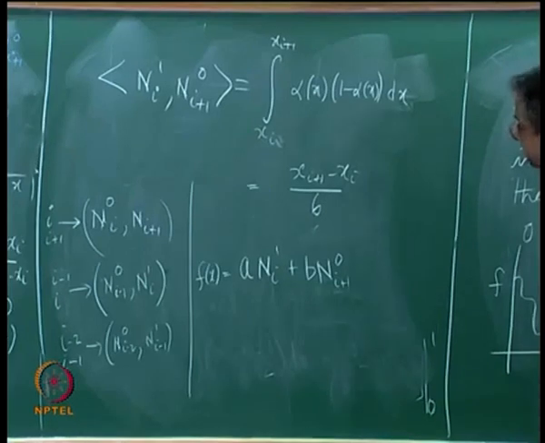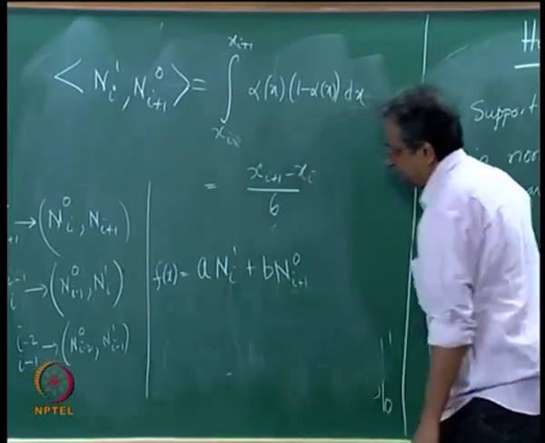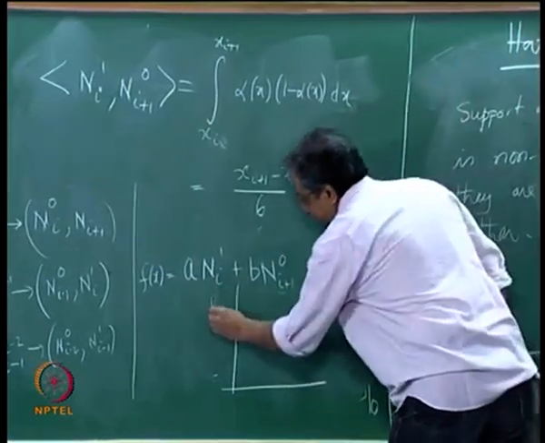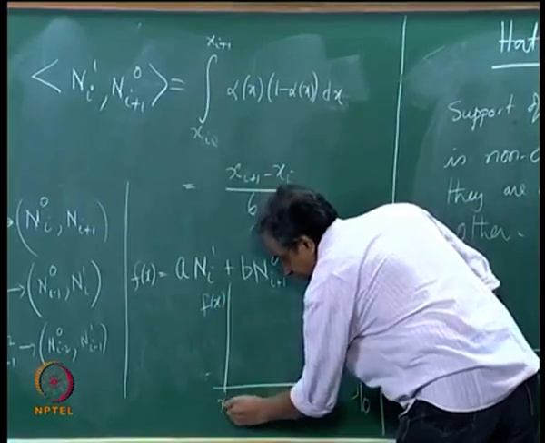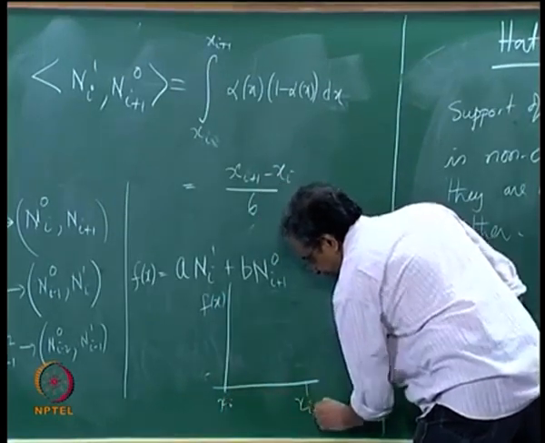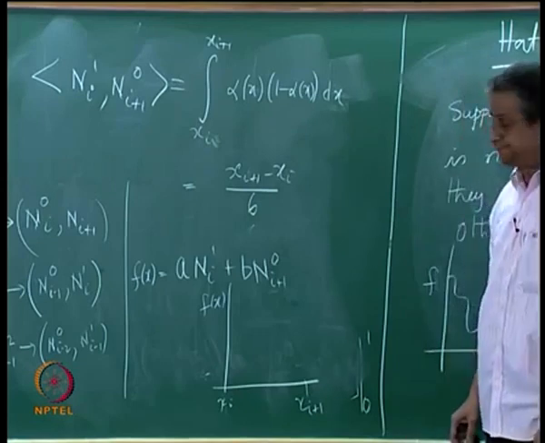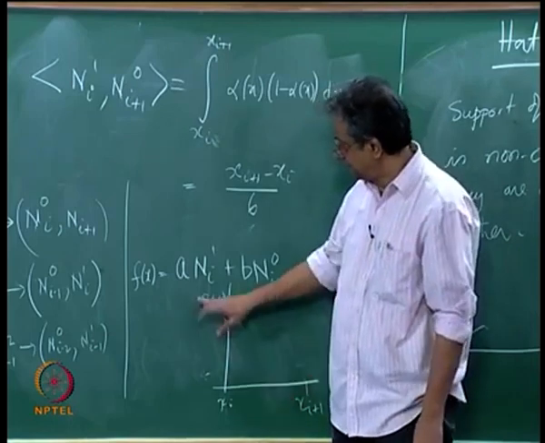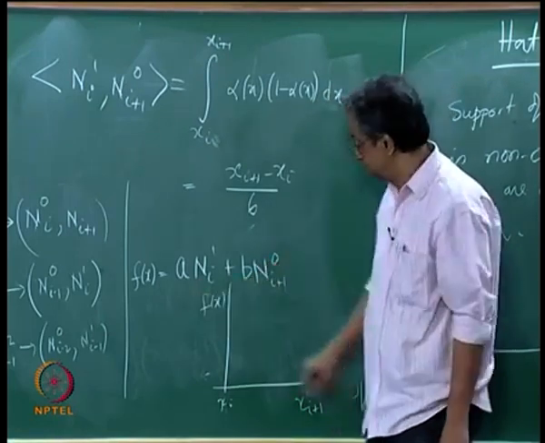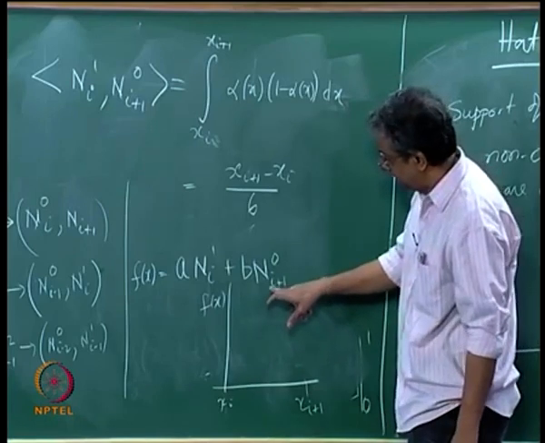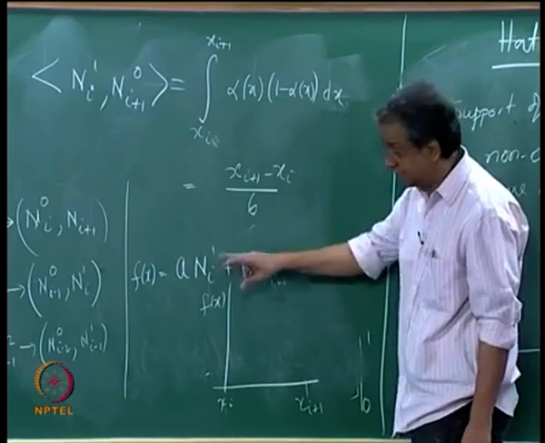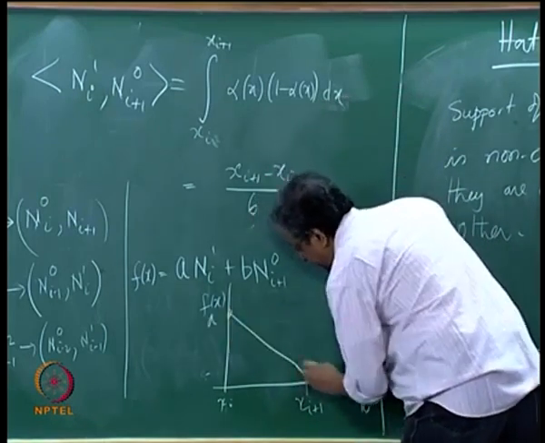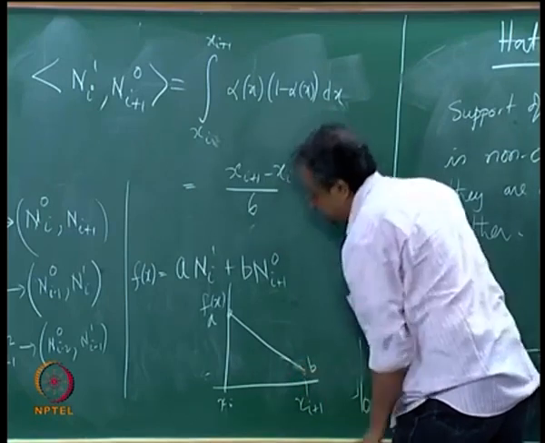It is the sum of two linear elements, and if I were to just graph f of x, remember this is the interval xi plus 1. At x equals xi, ni is 1. At x equals xi plus 1, ni plus 1 is 1, the other one is 0. So this is going to be a function that goes from a to b in a linear fashion.